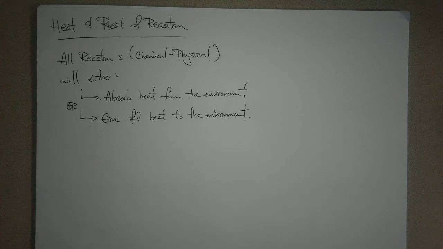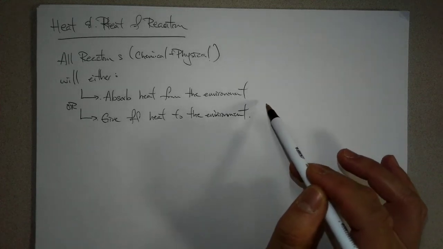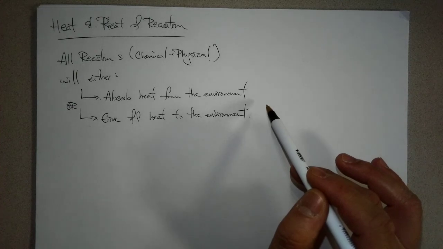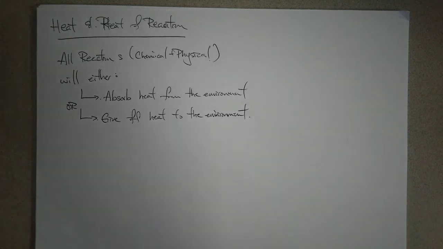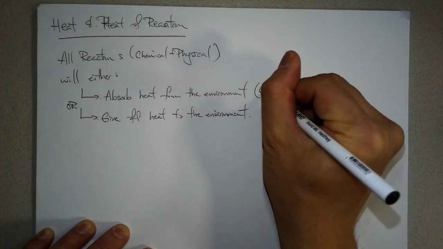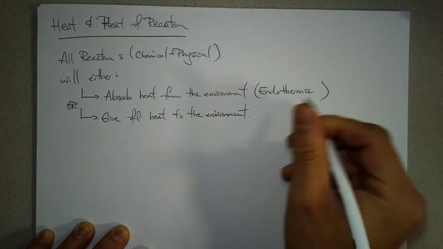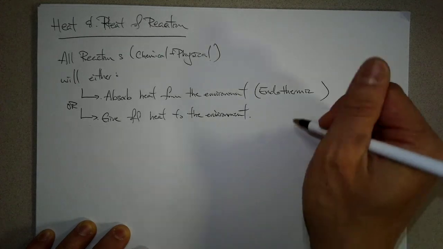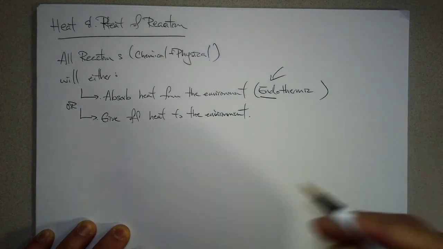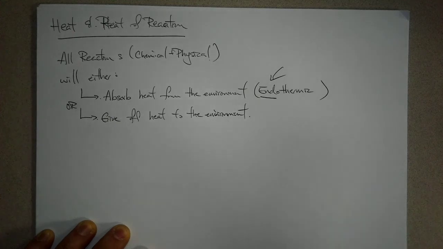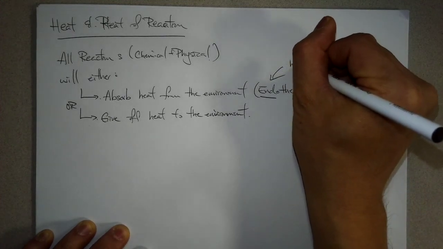I'm going to ask you guys, and you have learned this in previous years. What is the name for the ones that absorb heat? Anyone put up their hand. Yes? Endothermic reactions. Now, in some ways it's easy to remember because endo, like entry, enter, so heat enters.